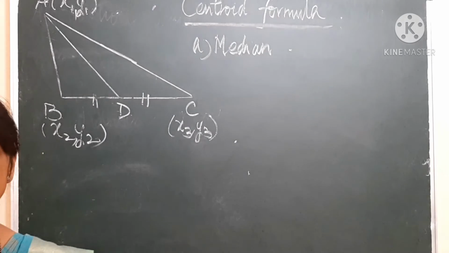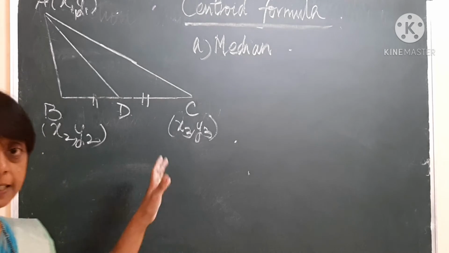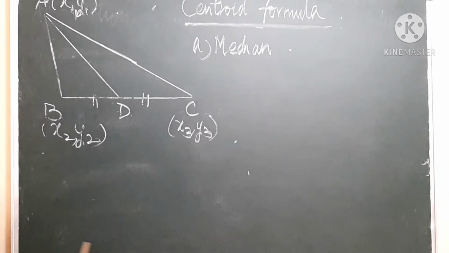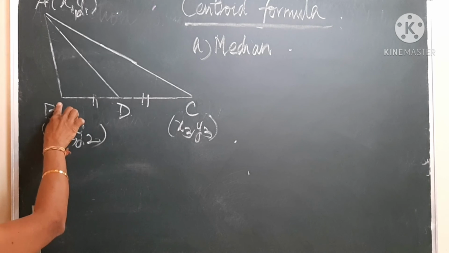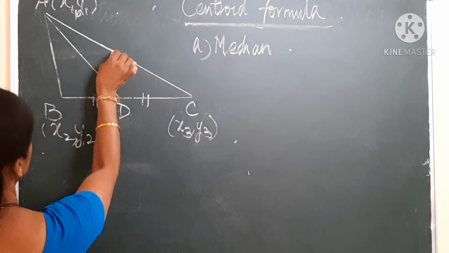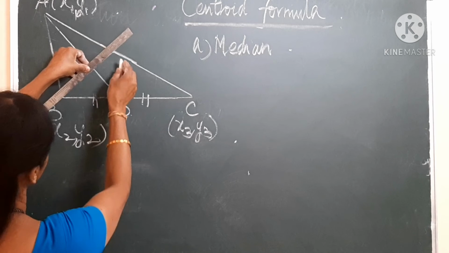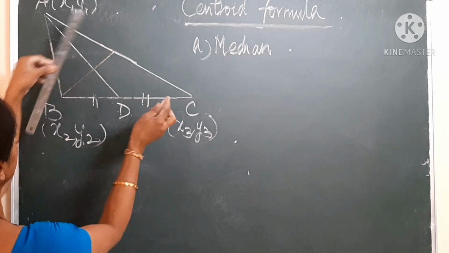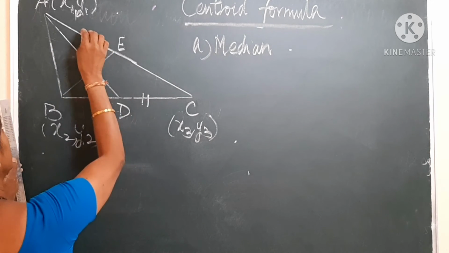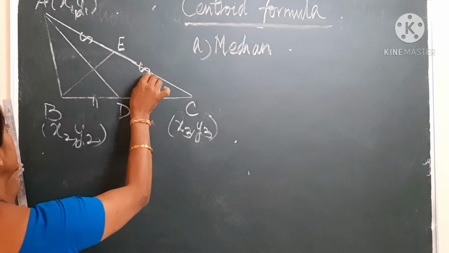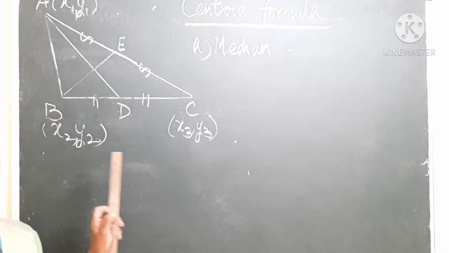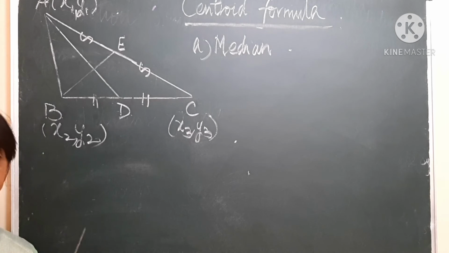How many medians does a triangle have, children? There are 3 medians for a triangle, from all the 3 vertices. The second vertex will be B, joined towards the midpoint. Where E is the midpoint, BE is called the median of the same triangle ABC. Which vertex is left now?